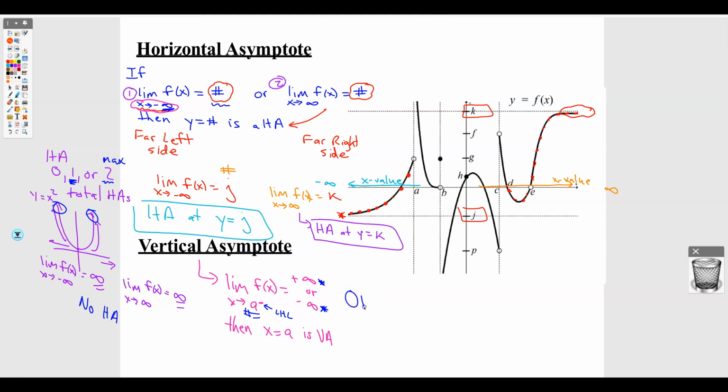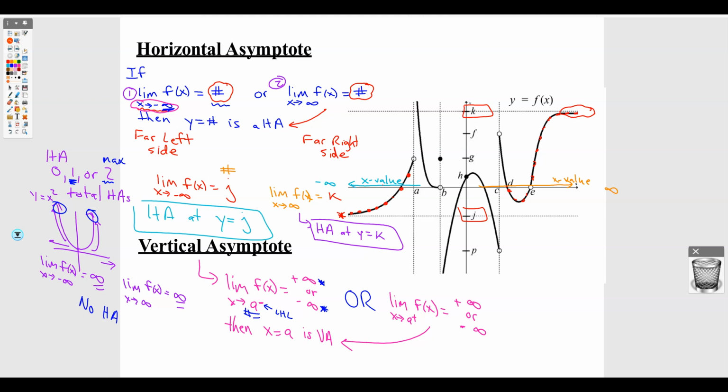And then again, there's a giant or statement here. So that's one way you could have a vertical asymptote, or you could also do the right-hand limit. As you approach a from the right, again, I don't care which answer you get, as long as the answer to the limit is one of the infinities, then again, this is telling me that x equals a is a vertical asymptote. All right, so you have four different ways.